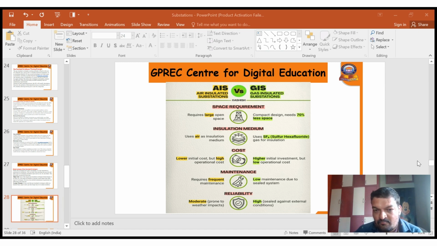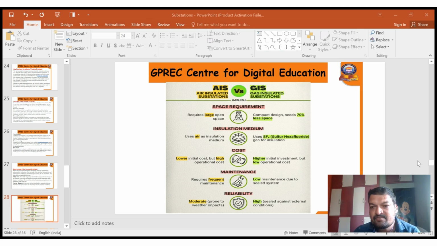Coming to the reliability, air insulated substations are less reliable as compared to gas insulated substation. Why? Because it requires more maintenance because of environmental or weather conditions.